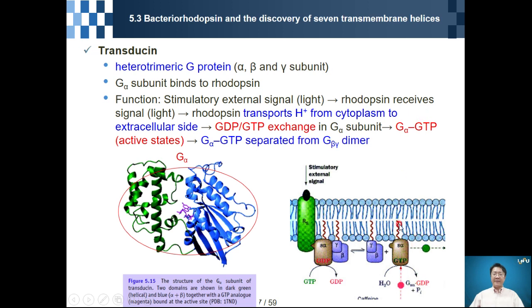This is the active status. After that, the active G alpha GTP separates from the G beta and G gamma dimer. Then this active G alpha GTP transports the signal to adenyl cyclase.